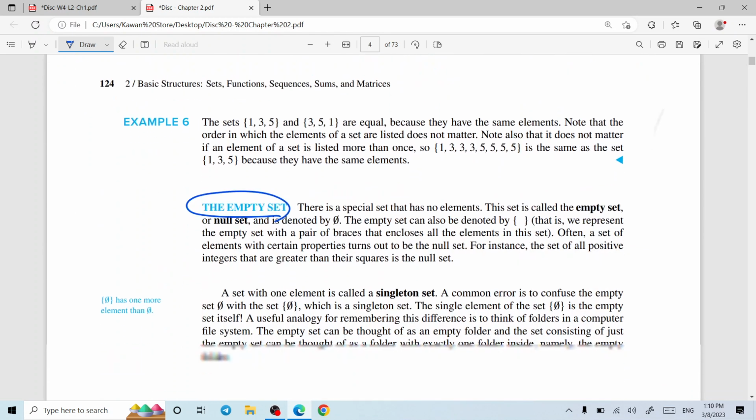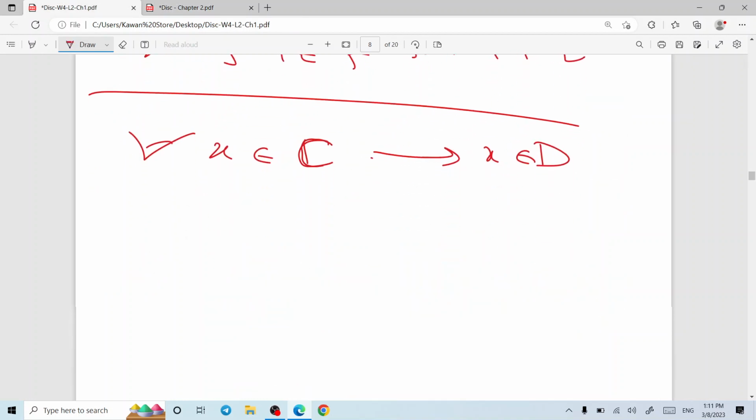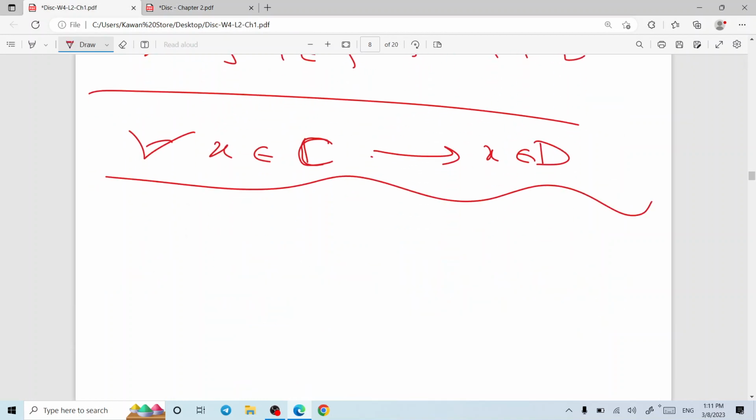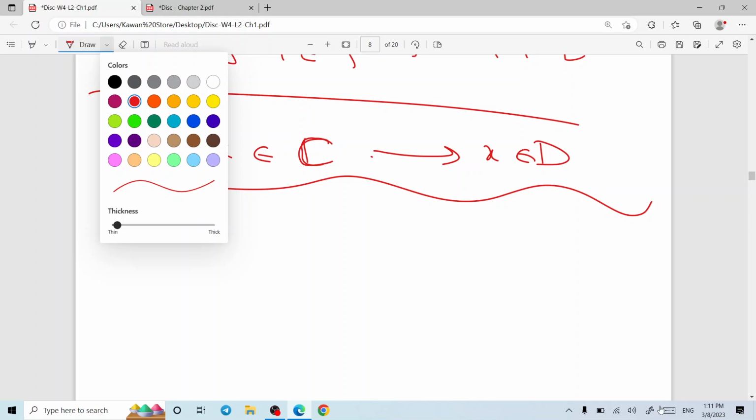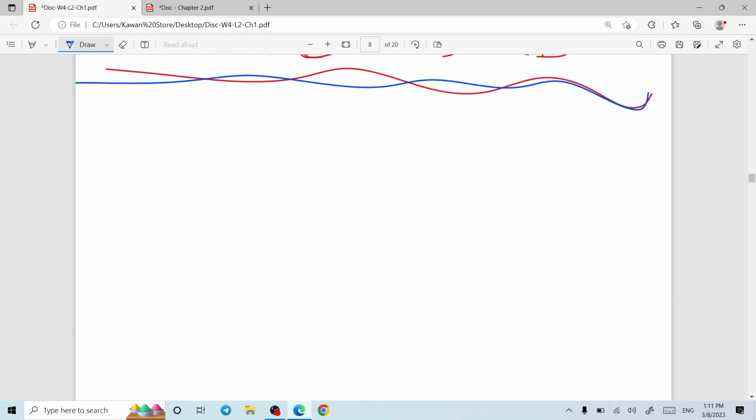Last thing for today, we have the empty set. Actually, when we are talking about the empty set, especially in mathematics, it is something the student often doesn't understand. But here we bring a good example from computers, which helped us a lot.